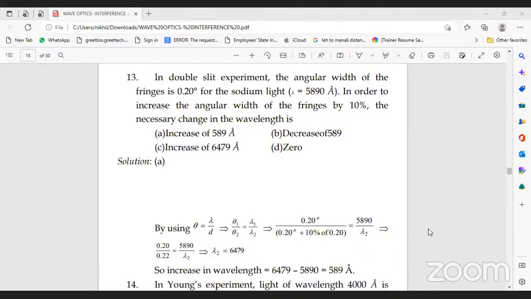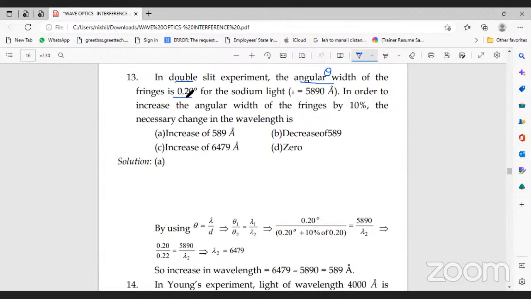Okay. Look at this 19th one. In the double slit experiment, angular width is given. Angular width means theta.